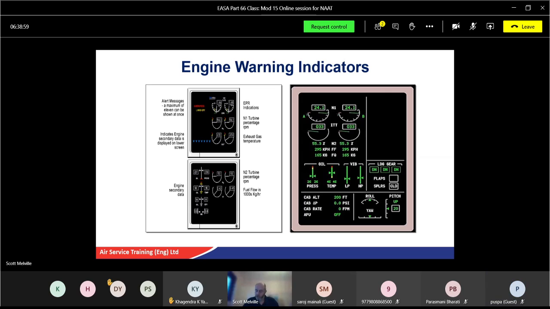When is the highest EPR available or achievable? The ratio between exhaust gas outlet and exhaust gas inlet is at its highest when? The ratio between the two.